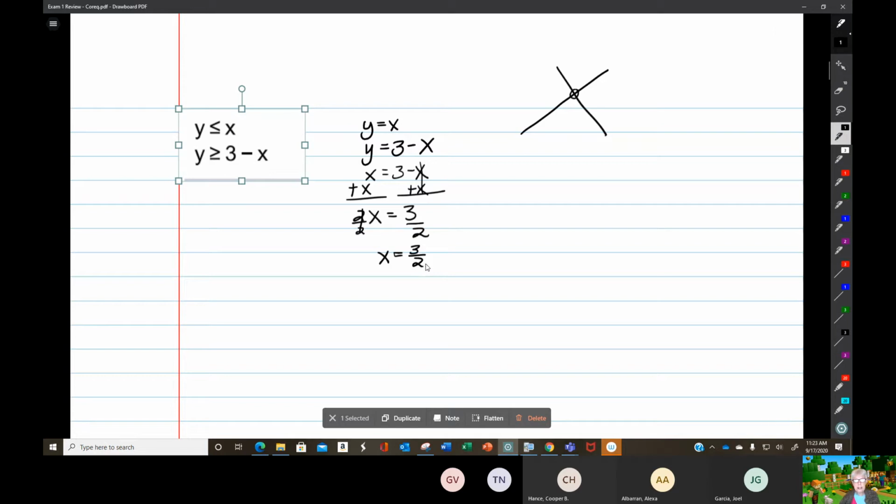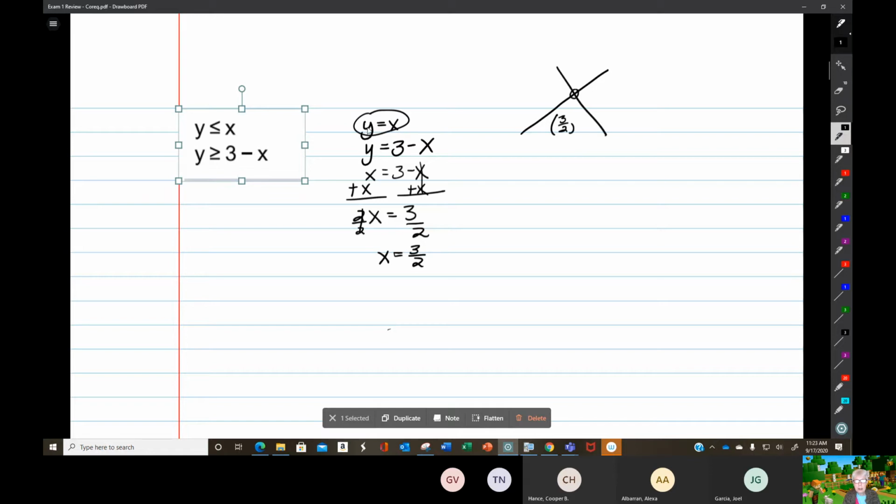Now that gives me the x coordinate. I still need the y coordinate. I could use this equation if I wanted to, but this is so much easier. I mean, y equals x. You can use either equation.